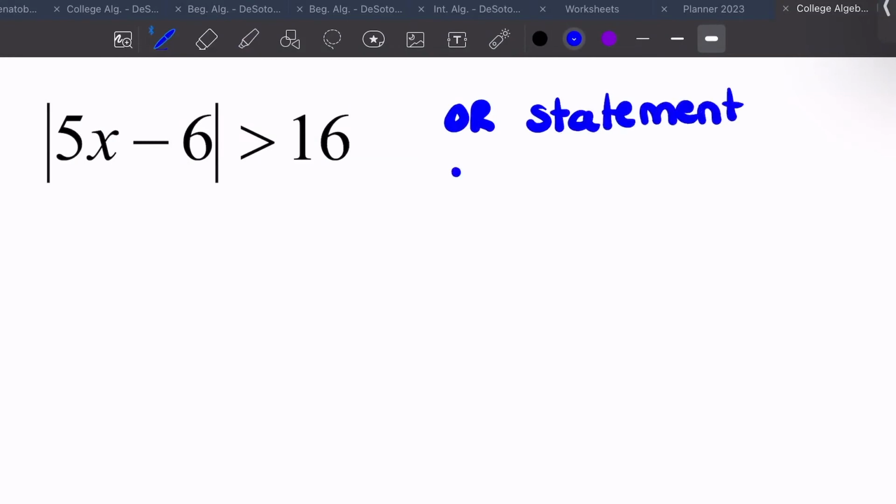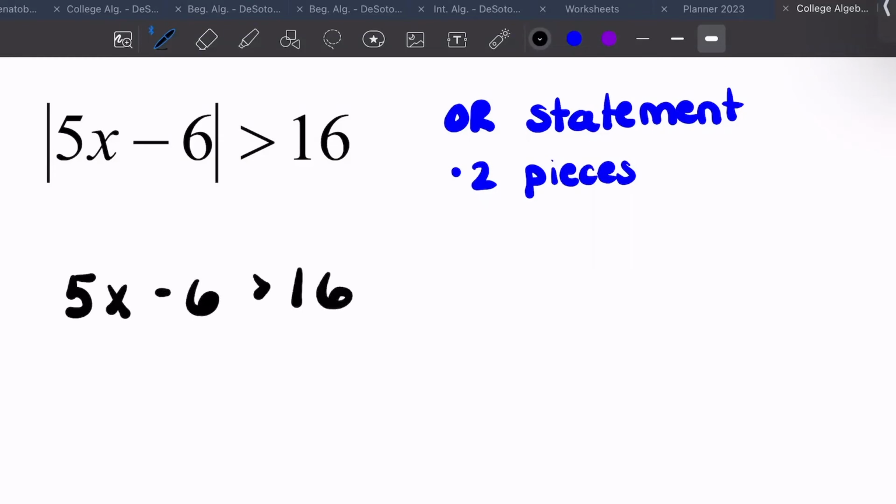All right, so this means two pieces. This means that we're going to have two separate things going on. We're going to have 5x minus 6 is greater than 16, and 5x minus 6 is less than negative 16.